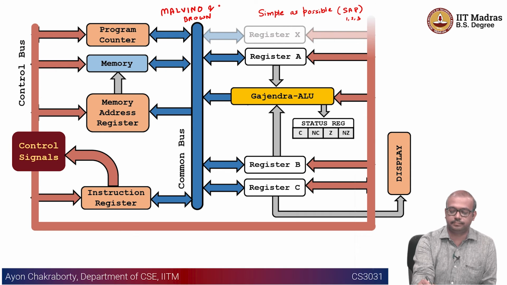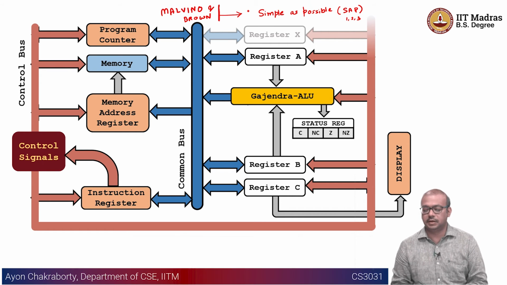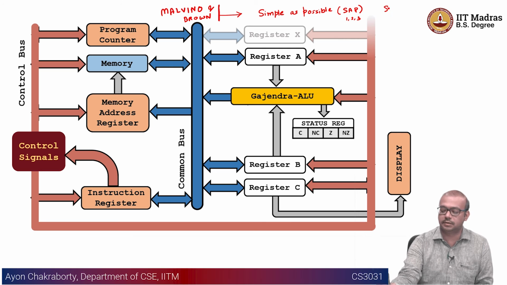And in this book, we have to look into the specific chapter, which is called SAP 1. And then there is a chapter called SAP 2, and there is a chapter called SAP 3.